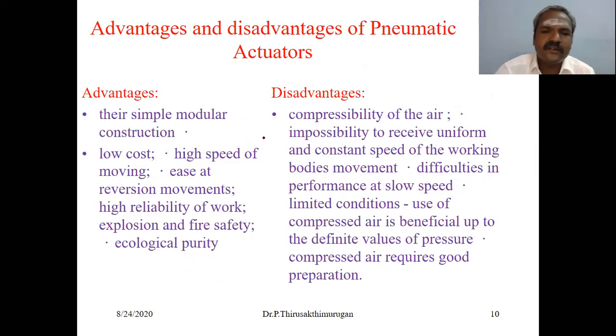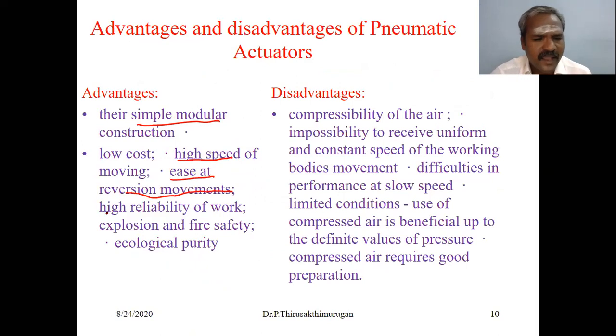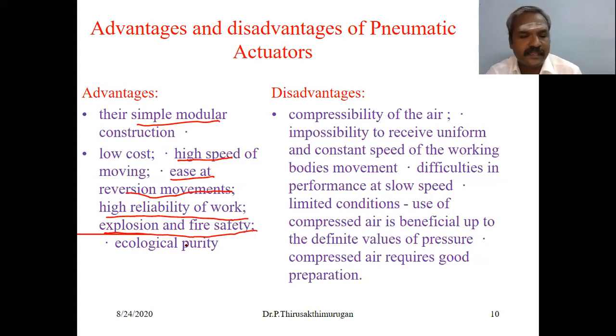The advantages and disadvantages of pneumatic actuators. The advantages are simplicity and low cost, high speed of moving, ease of reverse movement, that is forward and reverse movement, high reliability of work, then explosion and fire safety. It is basically free from explosion and fire hazards. Then ecological purity: if we supply nitrogen or carbon dioxide air, it is pure.